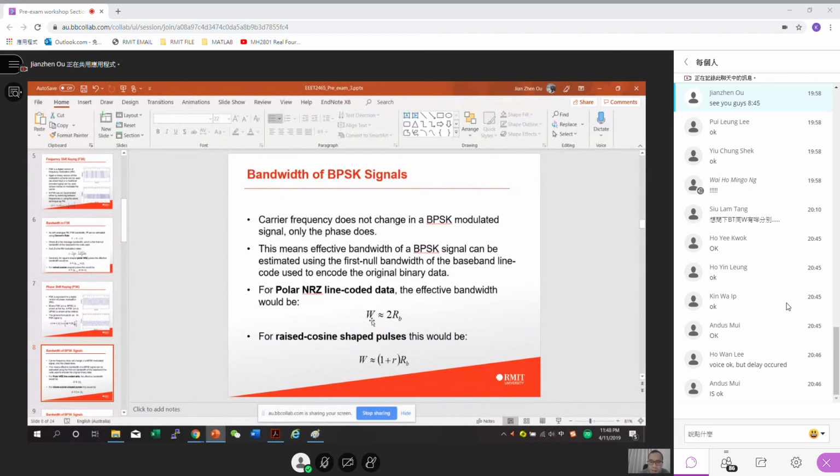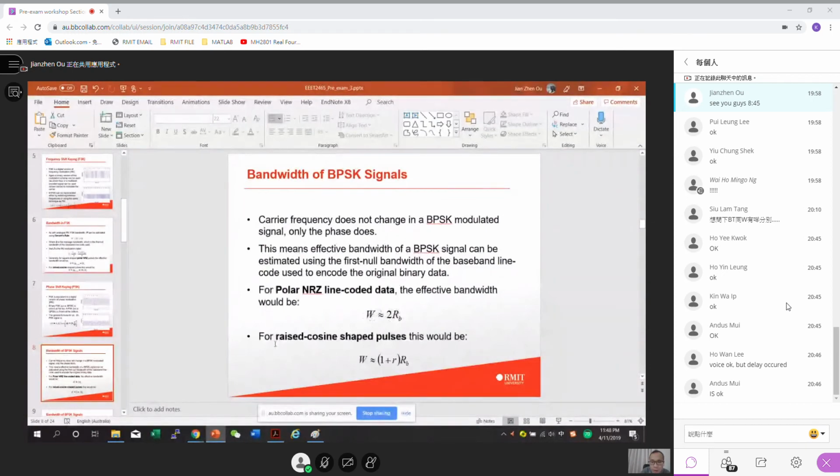The effective bandwidth of the ASK or the BPSK, where OOK is a binary ASK, for square wave shapes of the signals, is almost equal to 2 times the bit rate, as shown here.